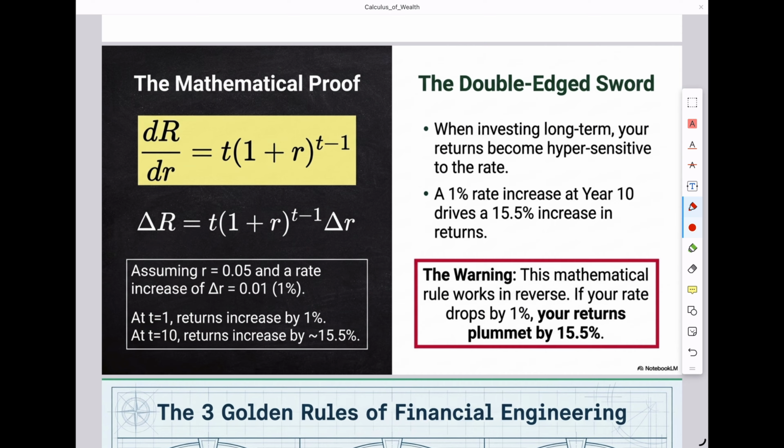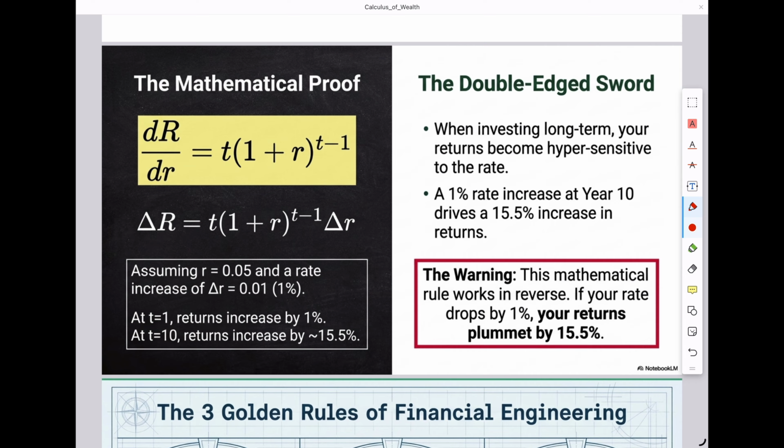A change of 0.05% every single year, the difference between two products, means returns are hypersensitive to the rate because you're compounding, a snowball, remember? So a 1% rate increase at year 10 drives a 15.5% increase in returns. So I do not want that to be a rock in my investment, right?